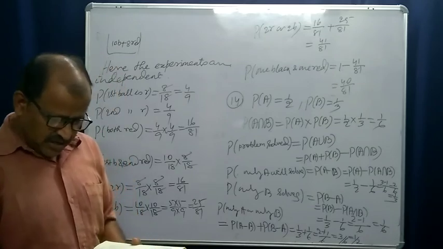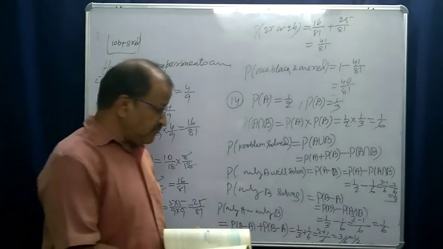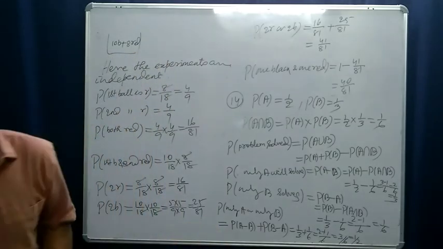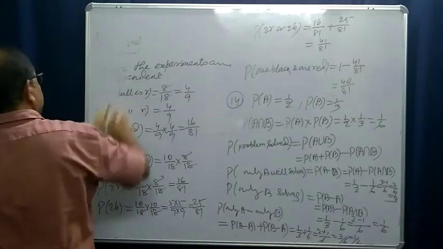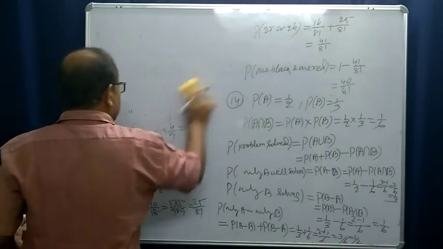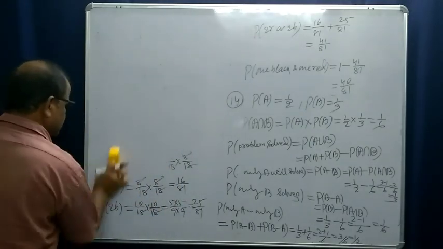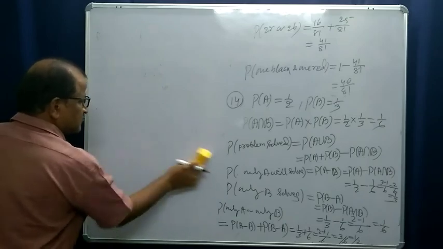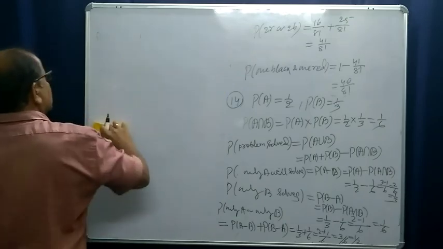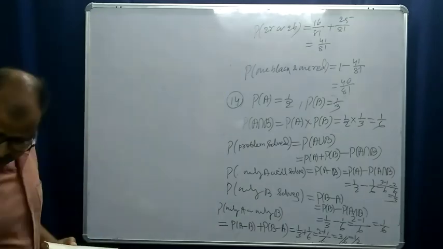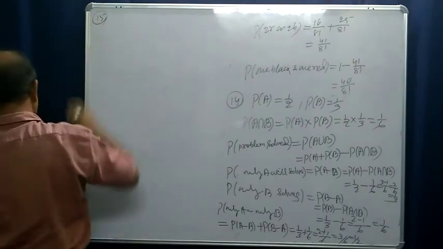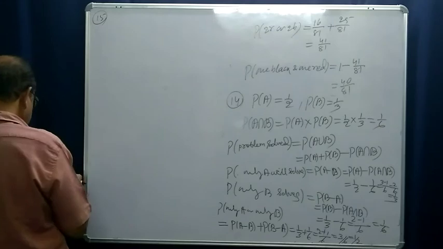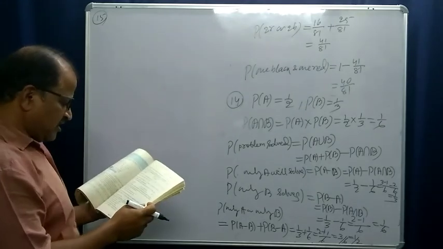Then question number 15. One card is drawn at random from a well shuffled deck of 52 cards.